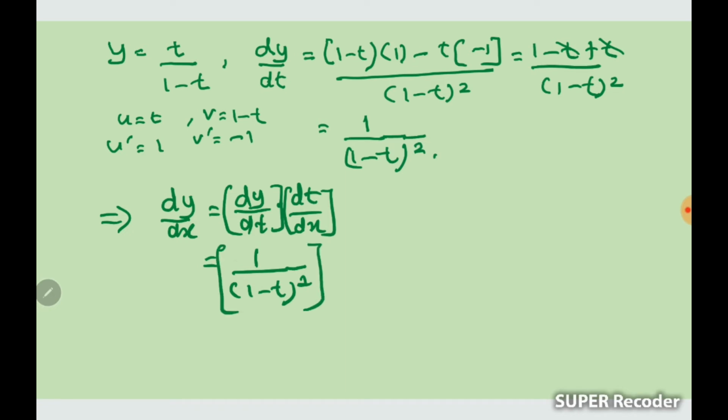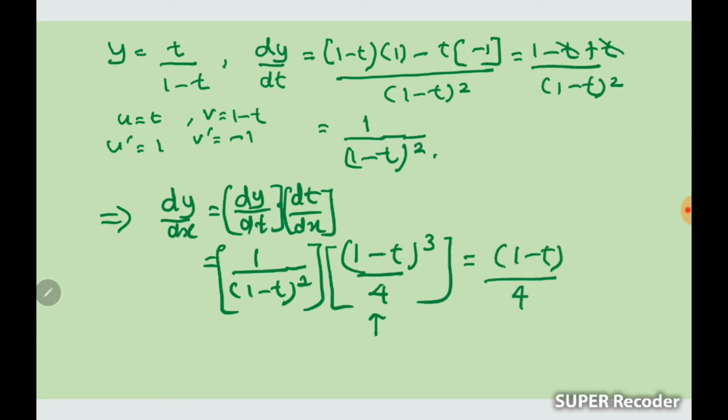For dt/dx, before we find out dx/dt, we have (1 minus t) to the power of 3 over 4. This is from our previous derivative. Simplify, you will get (1 minus t) over 4. Okay, so this is dy/dx, and the question asks you to show that dy/dx is equal to this one, so we already get the answer.